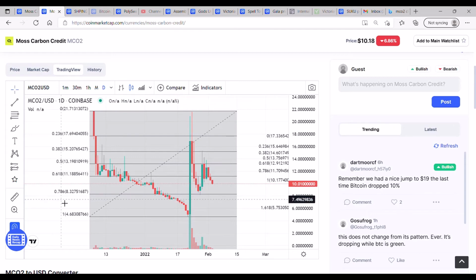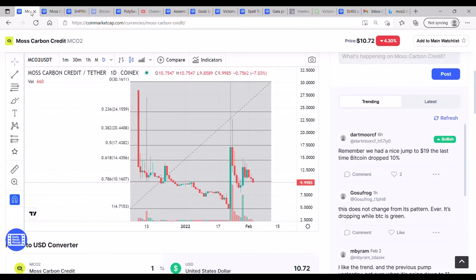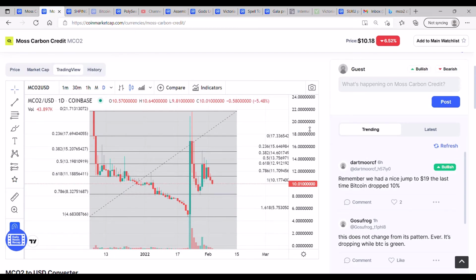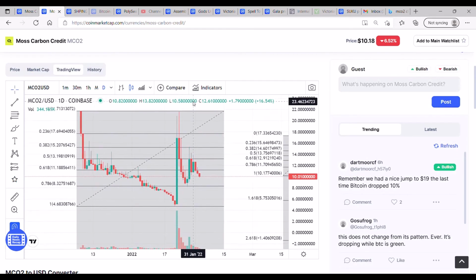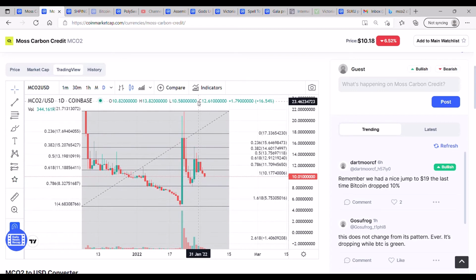So as you can see from the CoinEx chart, it looks like we've just fallen through the 786, although we're holding at yesterday's low, but I'm going to use the Coinbase chart because it just fits the price action better. In my opinion, it's a more trustworthy source than I've seen with some of the others.